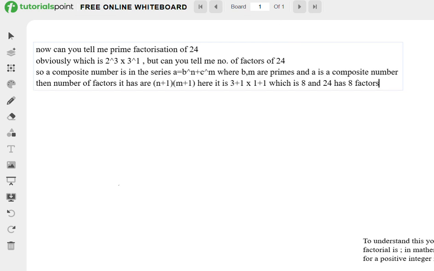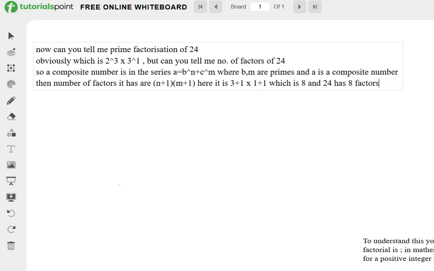So a composite number is in the form A equals b to the power n times c to the power m, where b and c are primes and A is a composite number. The number of factors it has is n plus 1 into m plus 1. Here it is 3 plus 1 into 1 plus 1, which is 8, and 24 has 8 factors.